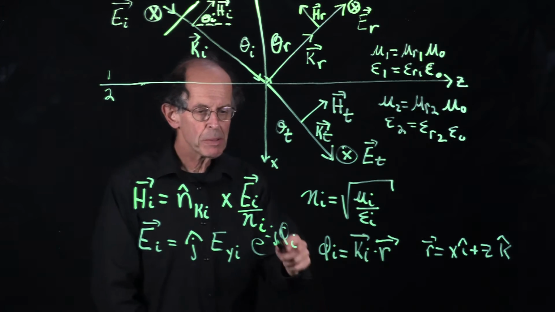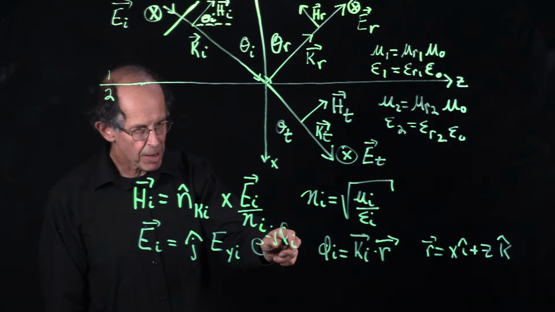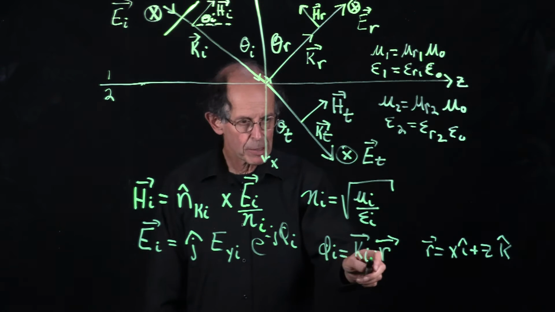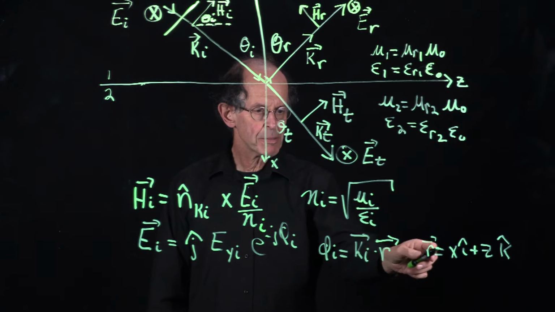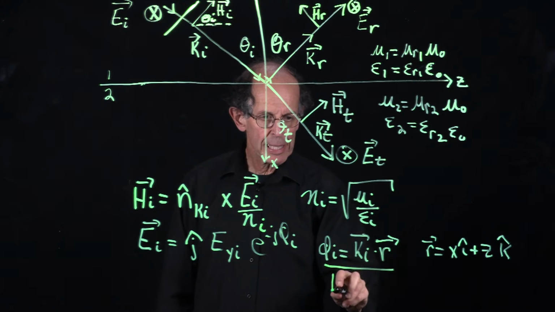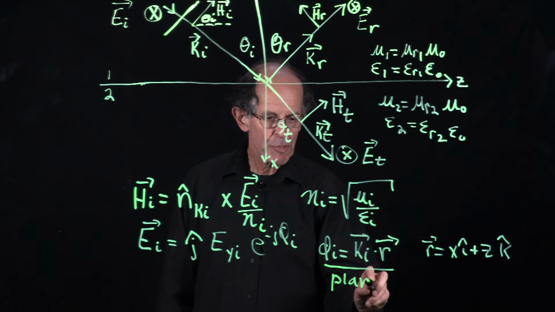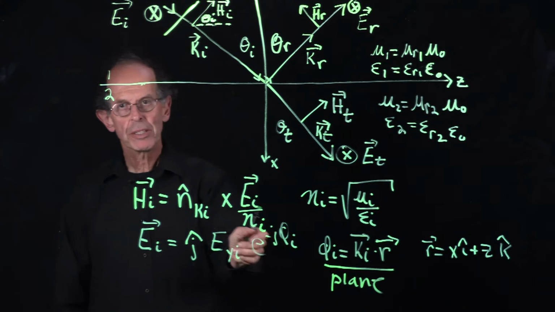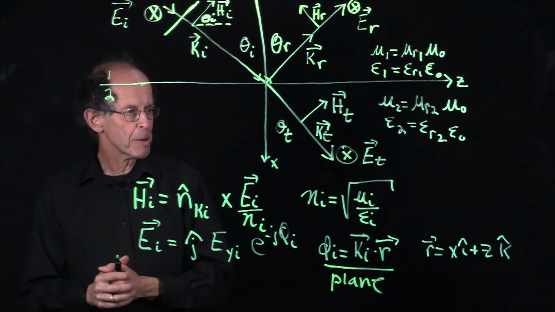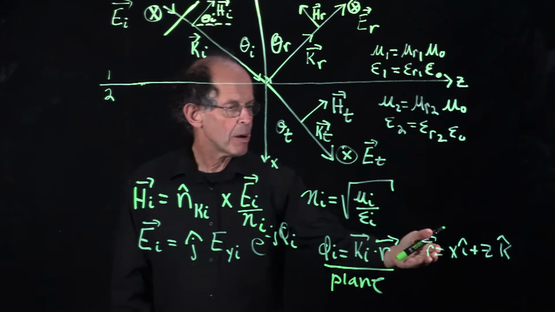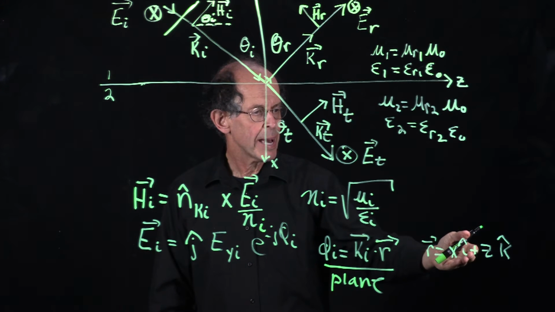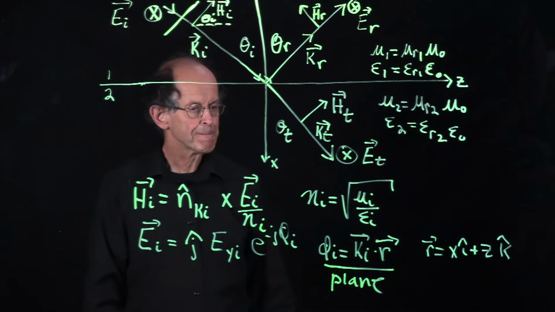The phase is always e to the minus j phi. Phi I is the dot product of ki with the r vector. This is our plane. Phi I equals a constant, which picks the phase, so we're sitting on either a peak or a trough, and r is equal to x i hat plus z k hat.